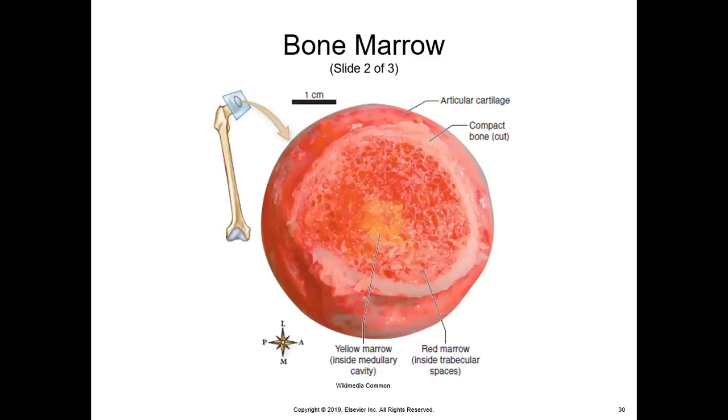So here's a picture of the end of a bone sliced, and this outer covering is the articular cartilage. The specific type of cartilage is hyaline cartilage. And then you have the spongy bone, and this is filled with red marrow, and then in the center you have the yellow marrow.